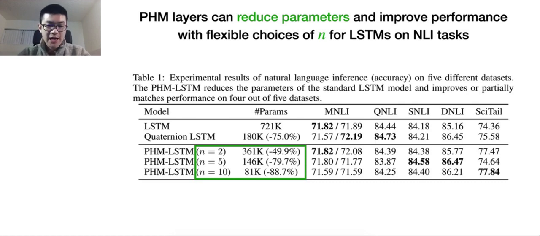As highlighted in the green boxes, when we increase the hyperparameter n, we enjoy more parameter saving as expected, while the performance can partially match the baseline or even improve on it, which is pretty encouraging for the LSTM models.